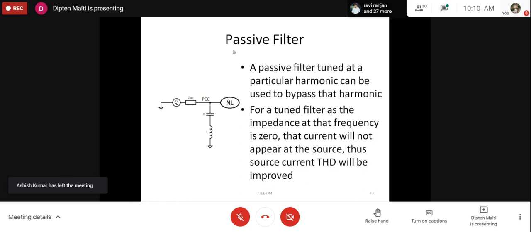So representing the source impedance here is a very important point. Otherwise, the L and C combination cannot create a low impedance path, because the lowest impedance path already exists in terms of the voltage source. So the source impedance must be shown. Usually the source impedance value is less than 5%. You can safely consider it to be less than 3% also.